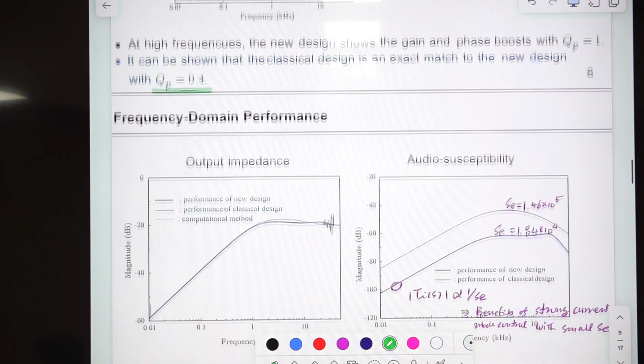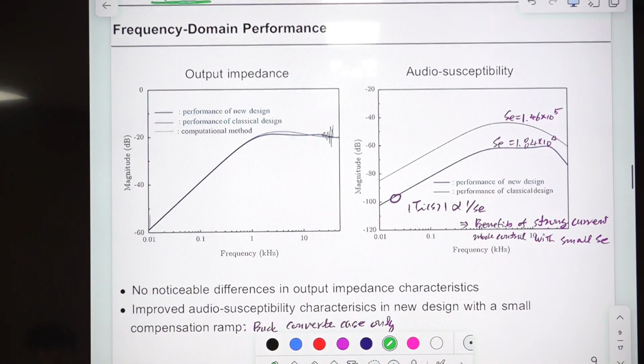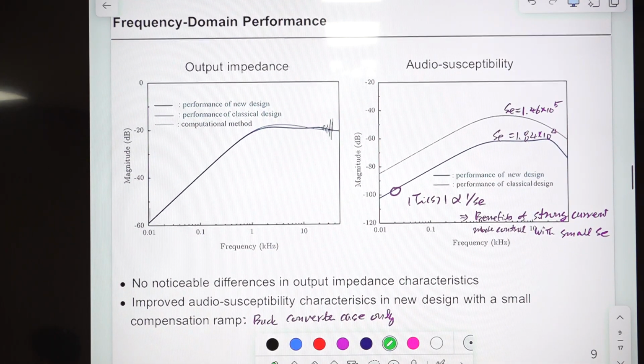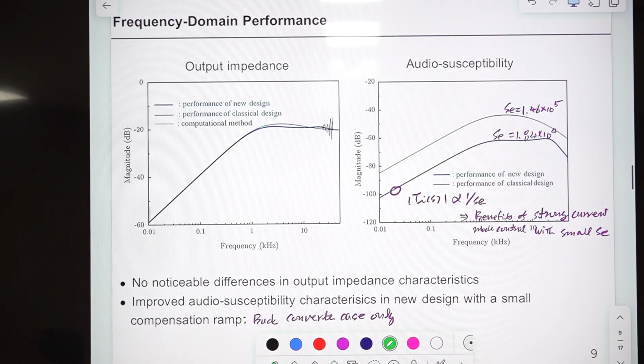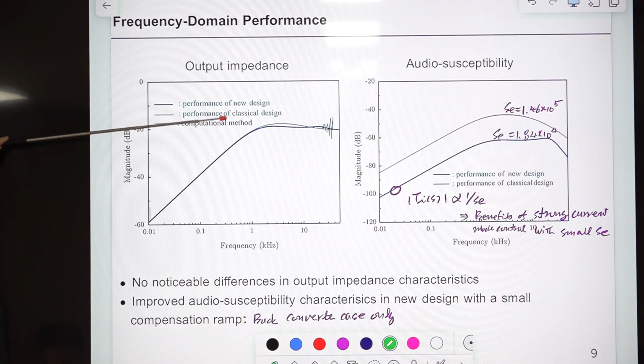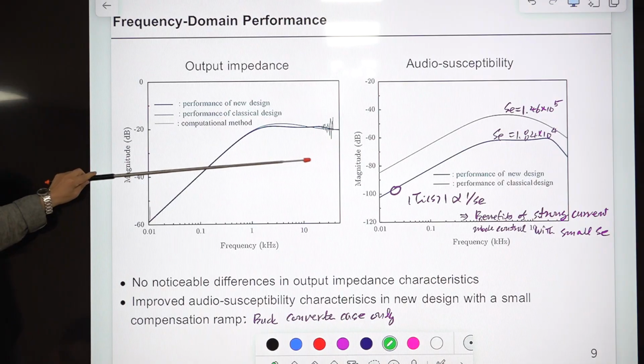Okay, and for the closed loop performance I compared the new design and classical design, and I used the new model here. Okay, output impedance is almost the same. I used the new model to simulate this, but they are the same.